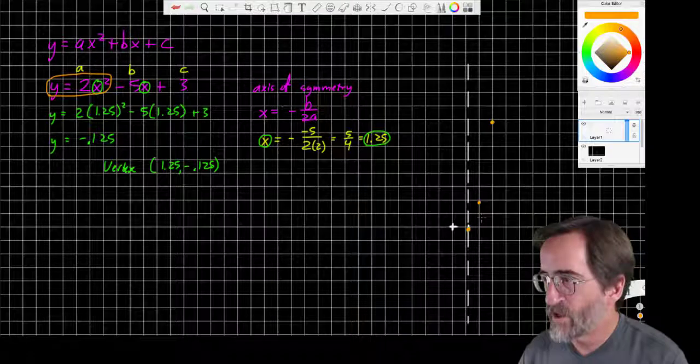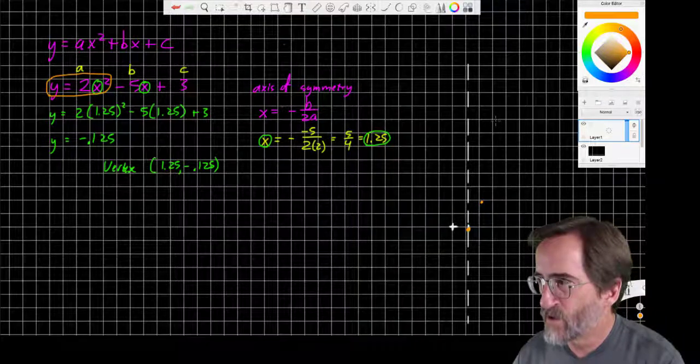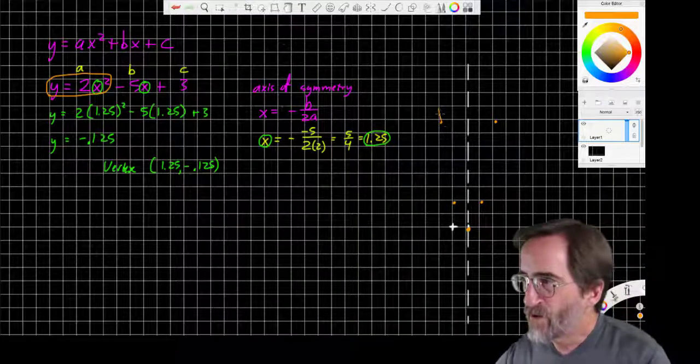And actually, I just realized I shouldn't put those on the line. They should be over a little bit. Okay, 2 and 4, 6, 8. Here we go. 2 and 8. Okay, and there we go.